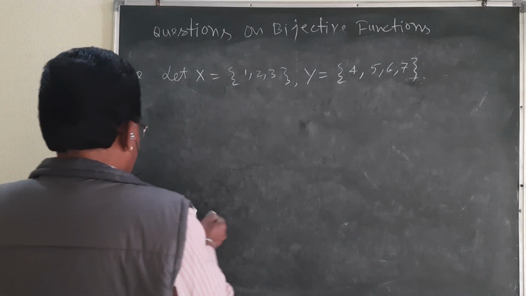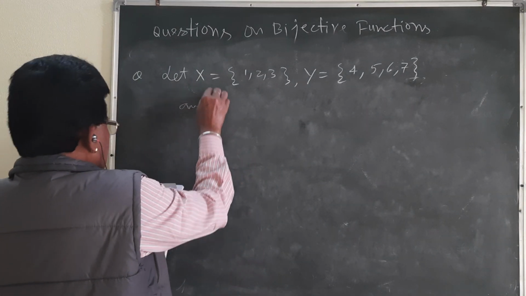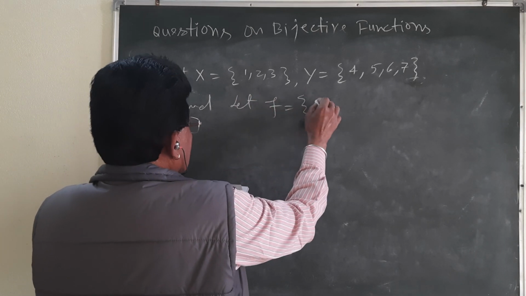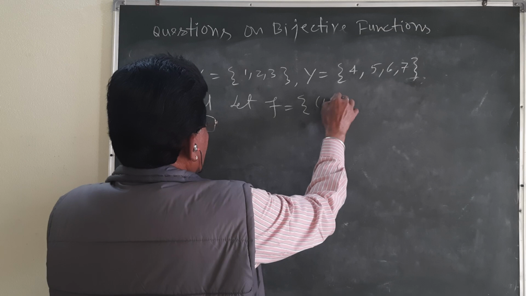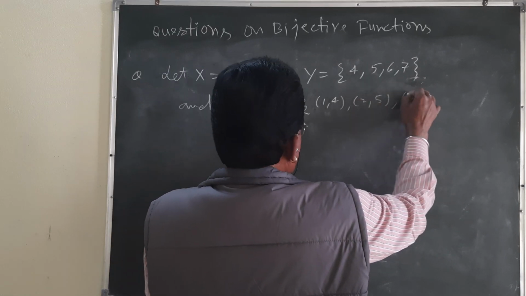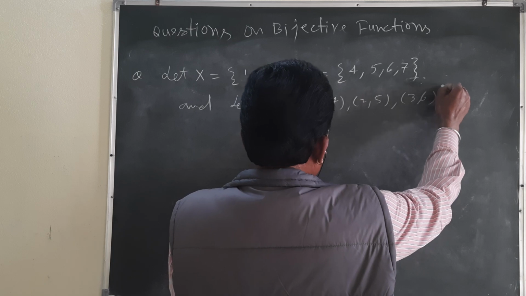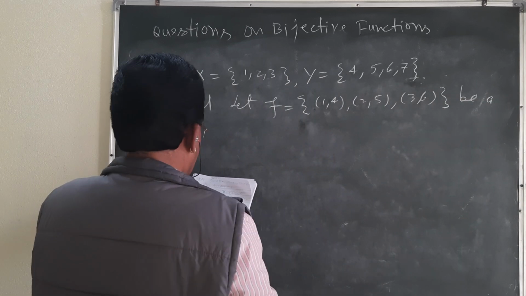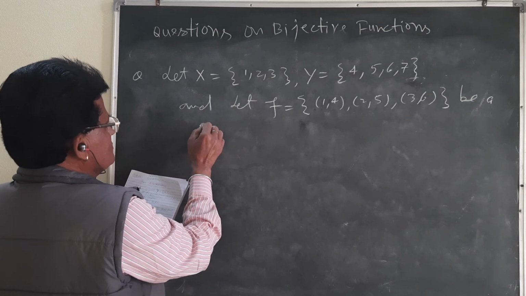It is given that f = {(1, 4), (2, 5), (3, 6)} be a function.